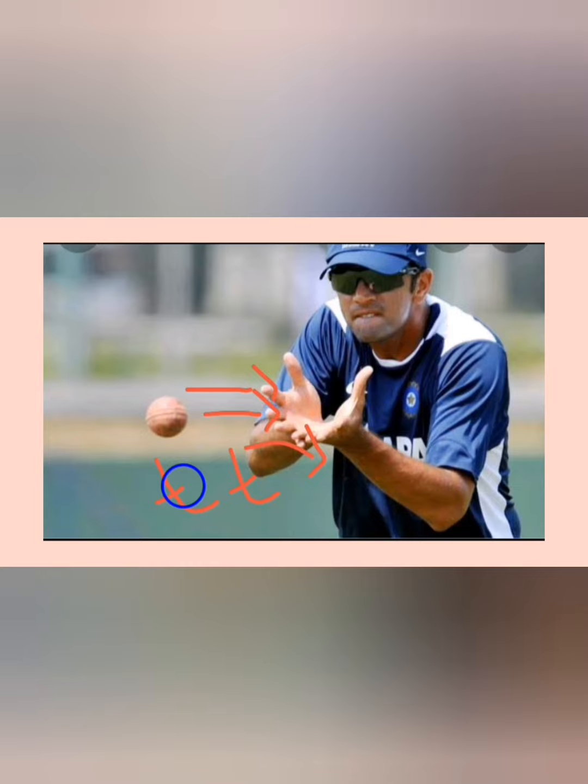Suppose he keeps the hand here, the time taken may be t1. By withdrawing his hand a little more distance, he makes the time t2, so that in the extended time the ball reaches the receiver's hand. And if time increases, the force decreases.